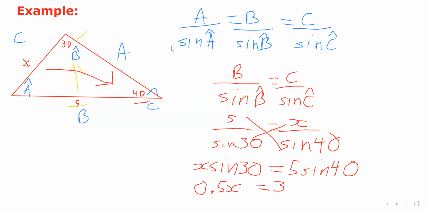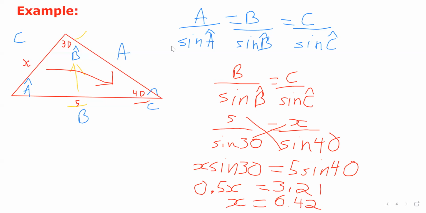So 3.21. All right, so therefore x will just be 3.21 divided by 0.5, and you'll get the answer as 6.42. All right, that is it. So x or C is 6.42.